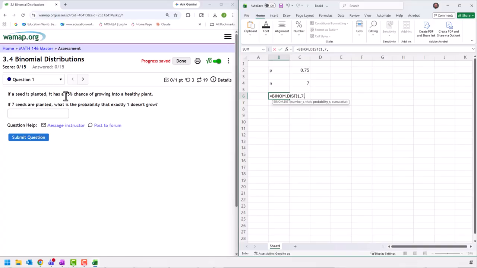So I have options here. I could do 1 minus 0.75 right here. This is success. In this case, we're wanting it to not grow, which redefines success. And then here, if we do true, it'll be everything up to 1. If we do false, it's exactly 1. So we want false here. And then we let it kick out our probability.